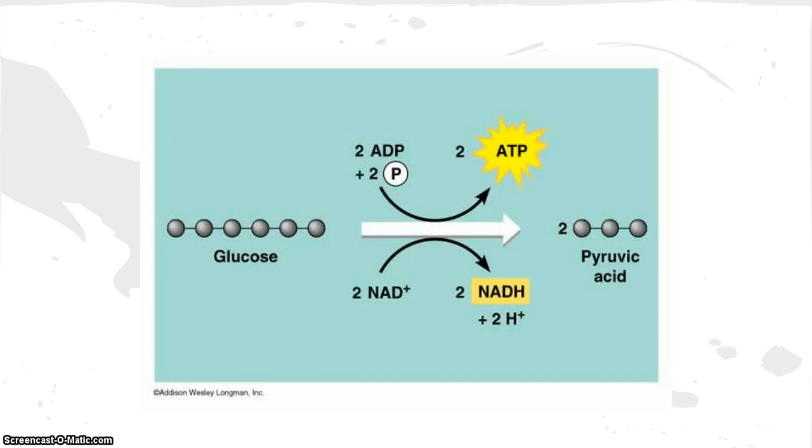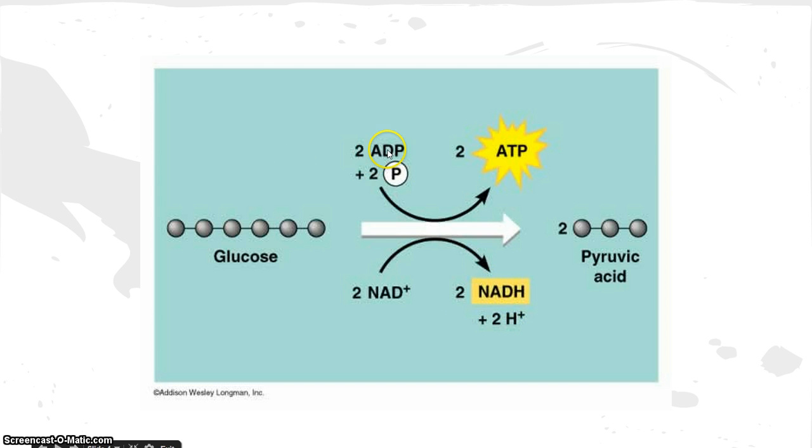So we're going to look at that. This is a good figure. You should probably copy this down in your notes. You see us starting with glucose, which has 6 carbons, remember, and we're going to make those 2 NAD pluses into 2 NADHs by adding 2 electrons. So you see we get the 2 NADHs in here.